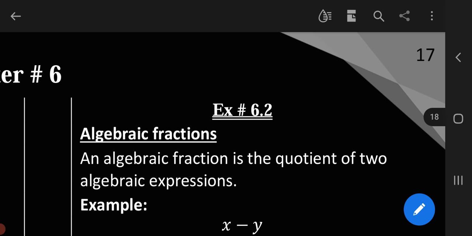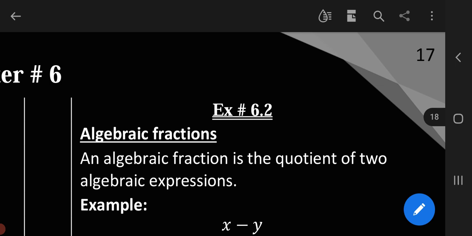All these four categories are algebraic expressions, but only one of these four is a polynomial, when the power of the variable is only and only a whole number, and we already know that whole numbers start from 0, 1, 2, 3 in the positive direction.